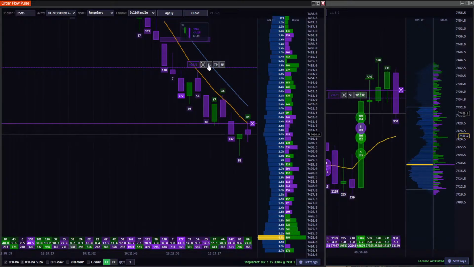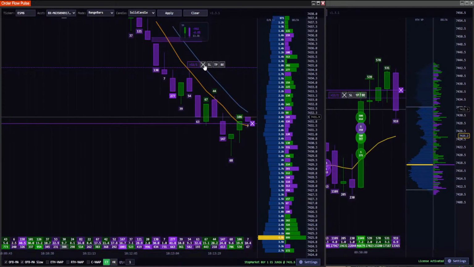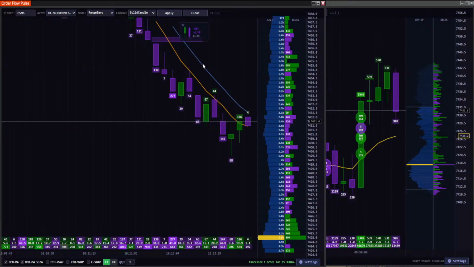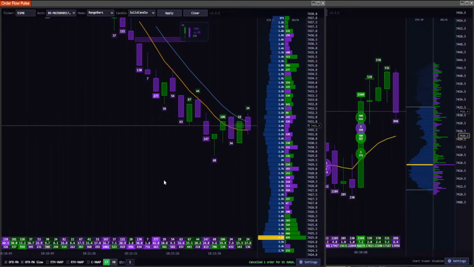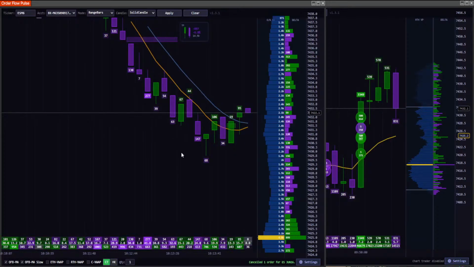It's just so slow. I can't deal with this. I'm done trading on Ninja Trader. I can't deal with it. Parallels sucks. I'm sorry.